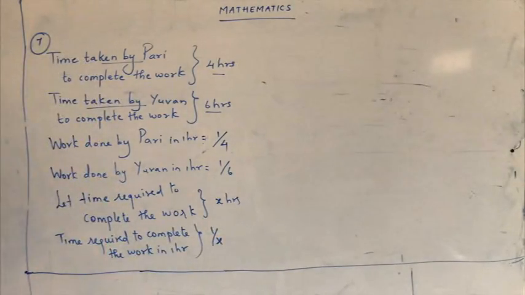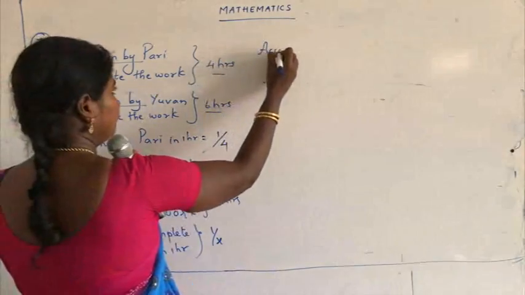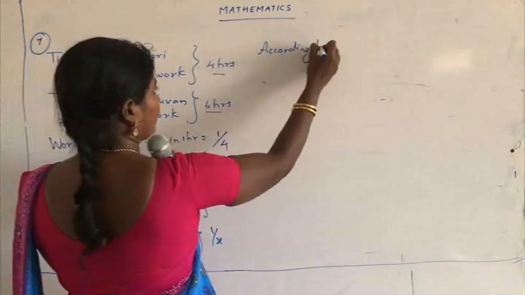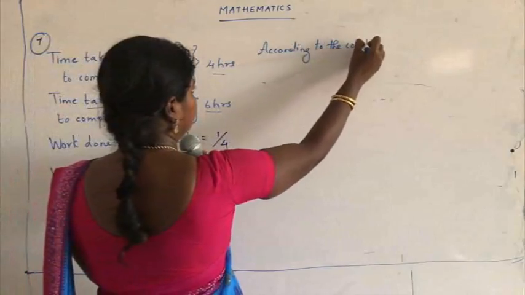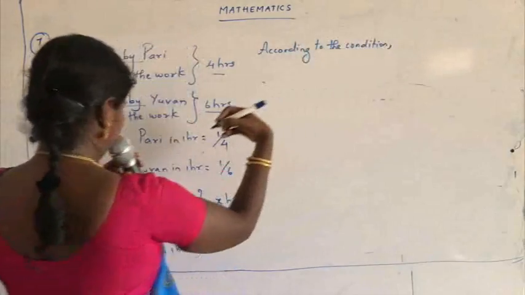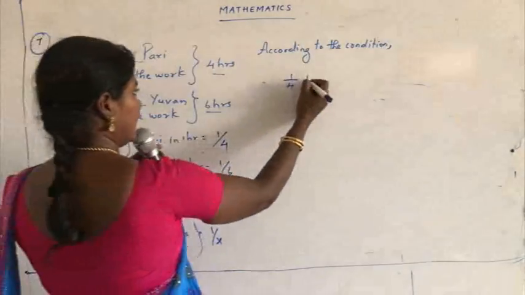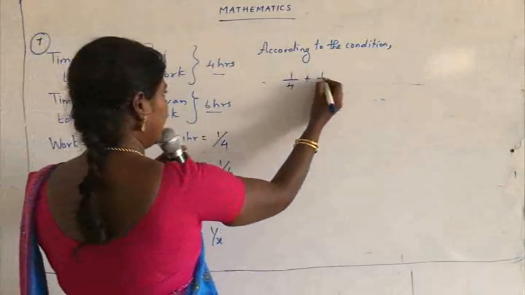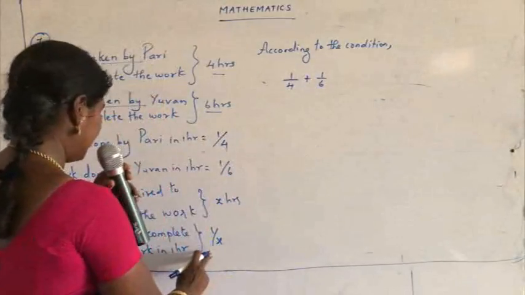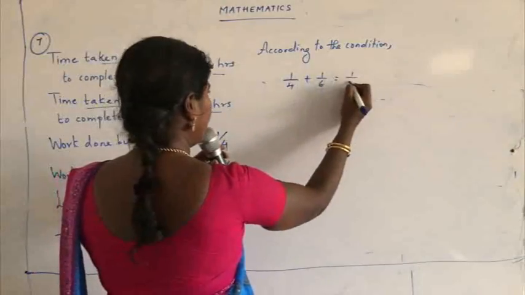Now let's go with the sum part. What is the question? How long will it take to complete if they work together? According to the condition, 1 by 4, that's the work done by Pari, plus 1 by 6, the work done by Yuvan, equals 1 by x.